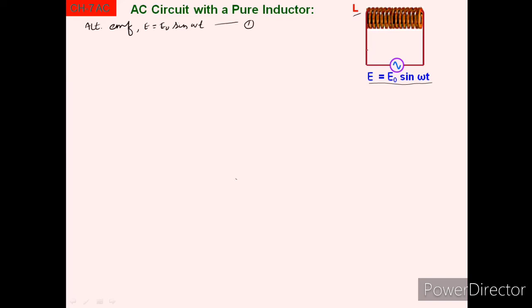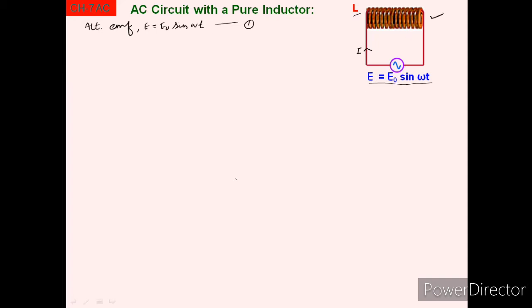Due to this alternating EMF, some current will pass through the circuit. The current will be alternating in nature, meaning both the magnitude and direction of the current will change with time.